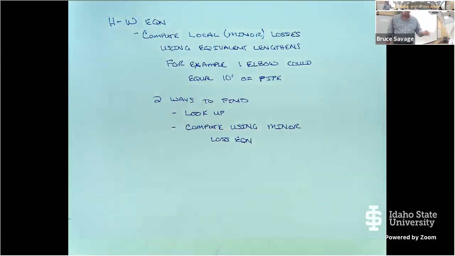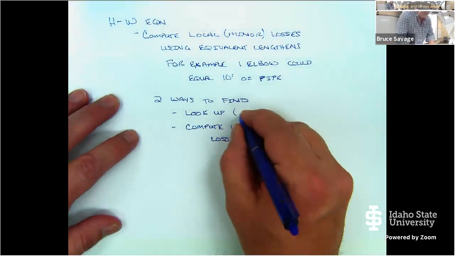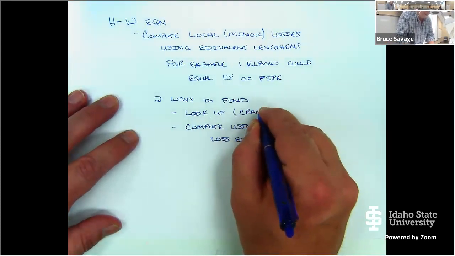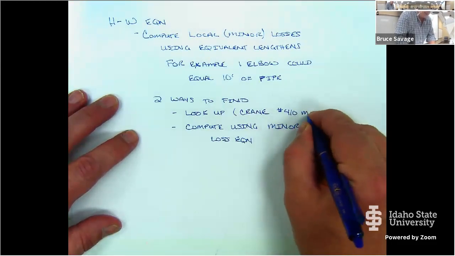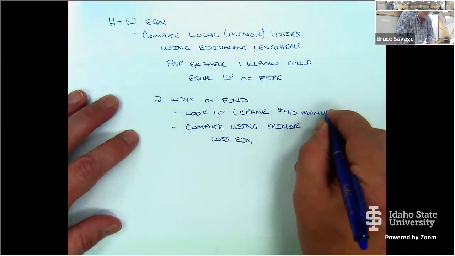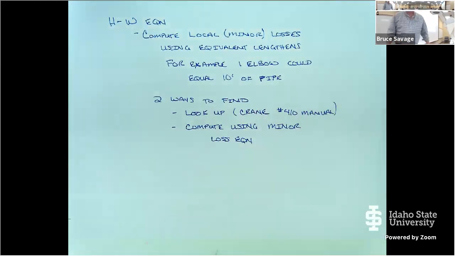The best source for looking this up is the Crane 410 manual. Crane Company makes a lot of valves and so forth, and they've done a lot of work. It's pretty old data, but it's still good.